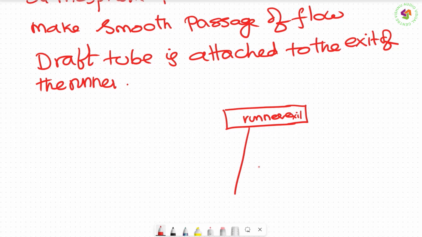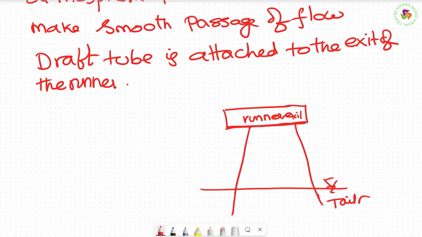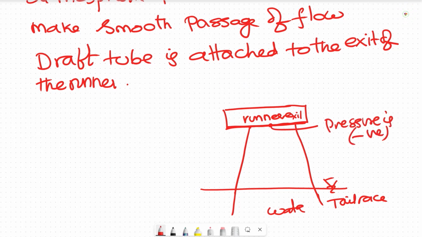The draft tube here will be like this. One end is attached to the turbine runner, and the other end is kept in the tail race. This is water only. Here the pressure is negative. Outside is atmosphere. Here the pressure is atmospheric. So this can be attained by this conical tube, and this conical tube we call a draft tube.